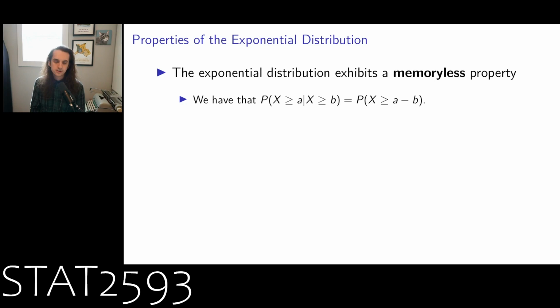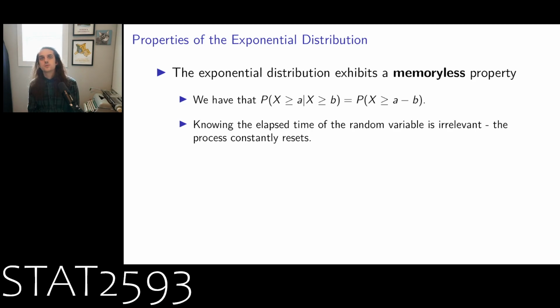And so it turns out that knowing that a process has been going on just resets the process itself. You're not more likely to see a failure if you know that you've already been running for a certain amount of time. In other words, the probability that something fails within the first 10 hours is the same as the probability that it fails between hours 100 and 110, if you already know that it's made it to hour 100.